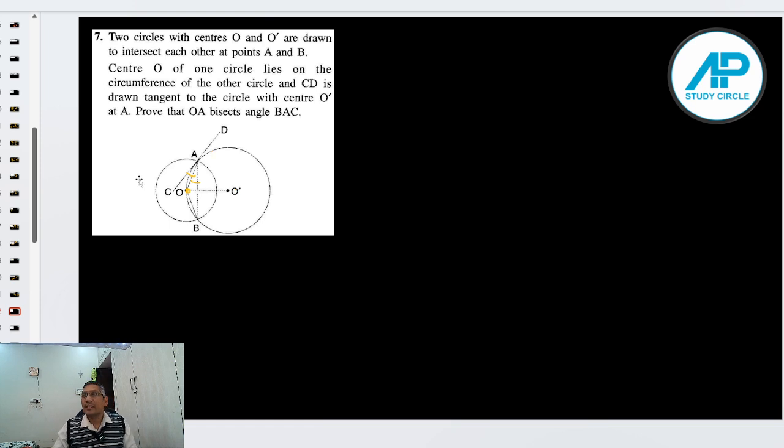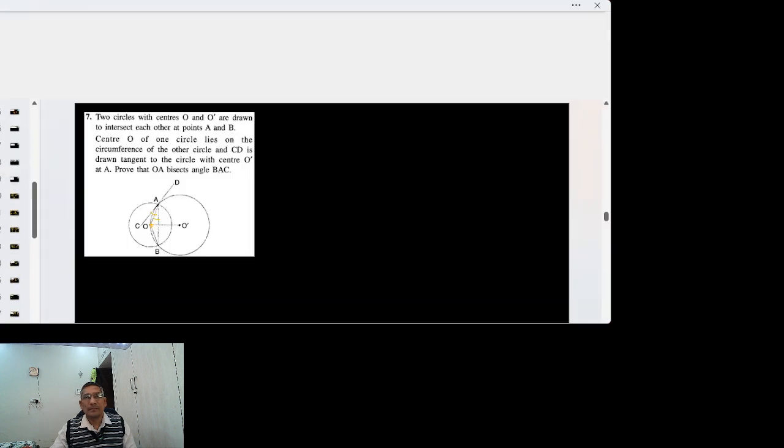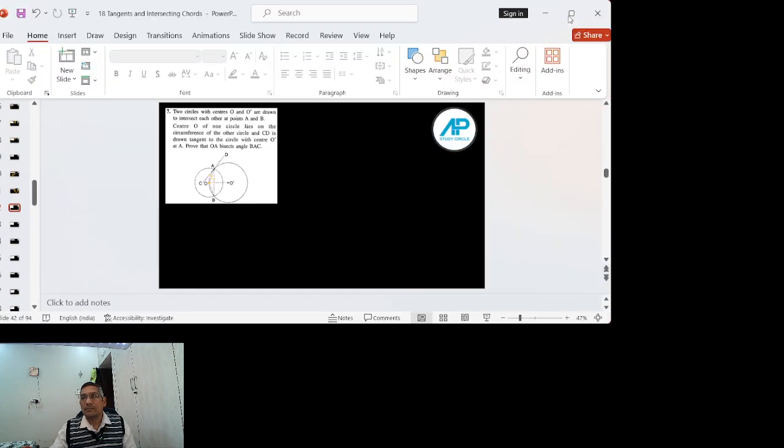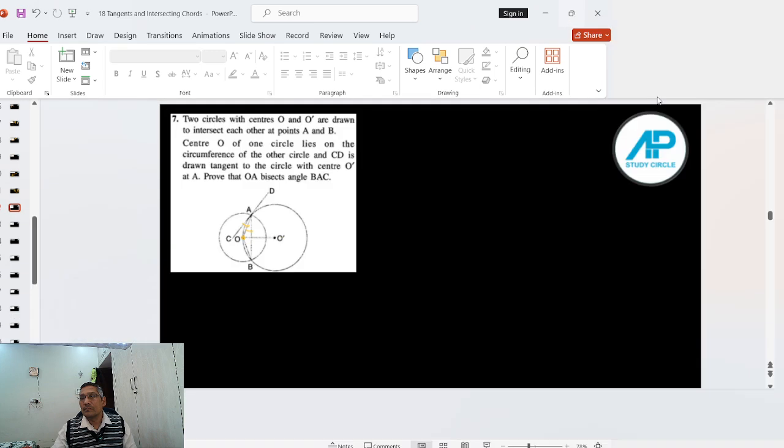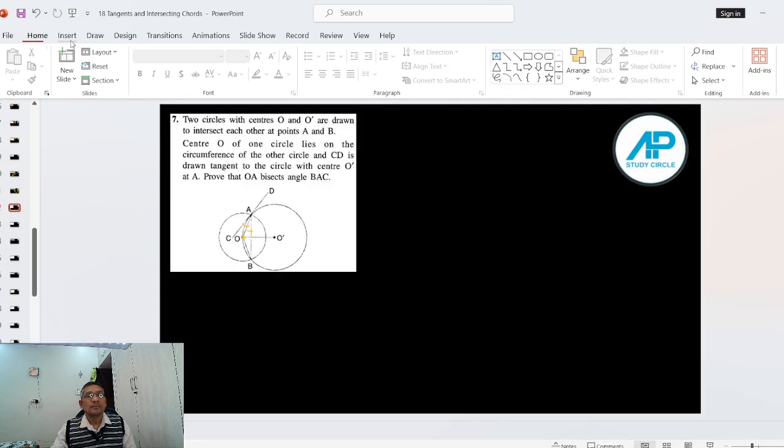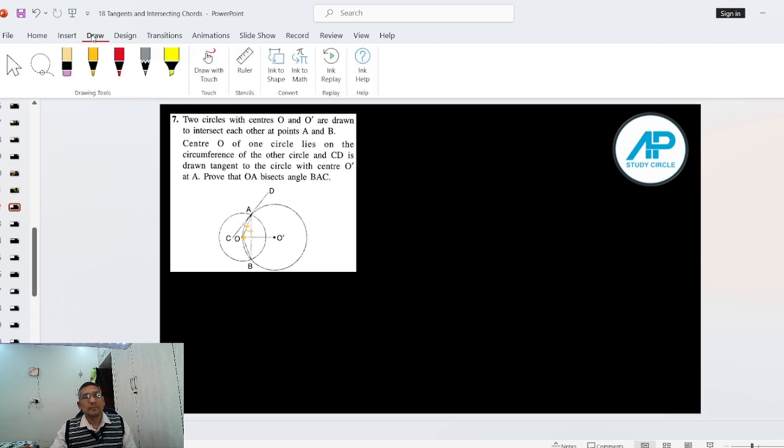So if I slightly make the diagram clear. Change the color.